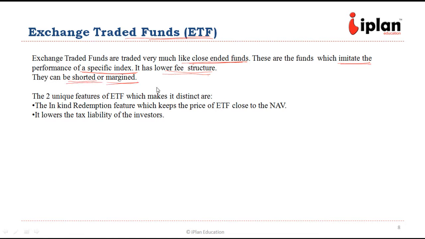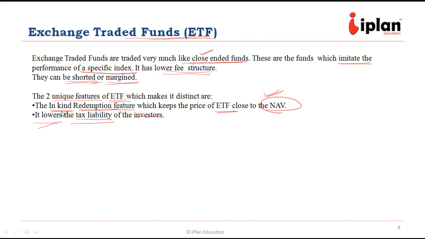Since they are similar to closed ended funds, they can be shorted. Another unique feature of exchange traded funds is the in-kind redemption feature. So that keeps the price of the exchange traded fund close to the net asset value. Another important aspect is that the tax liability of the investor is lower in the case of exchange traded funds.